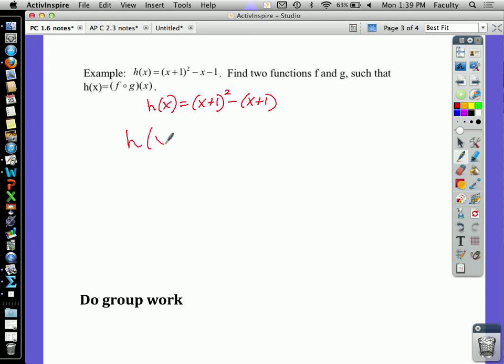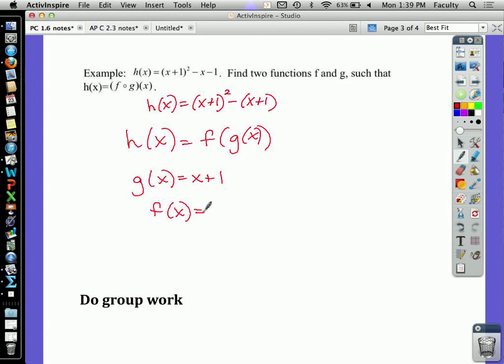So if h of x is f of g of x, you want to think about that g of x is the inside. f of x is what you are doing to the inside. Does somebody else want to try this? What do you think g of x might be? Would it be x plus 1? Good job. Okay, the inside is x plus 1.